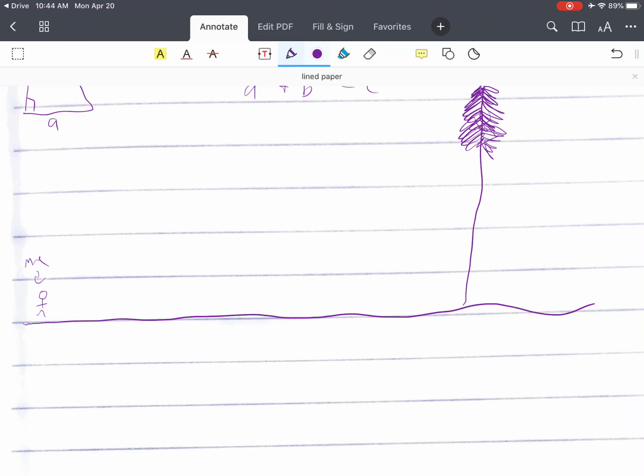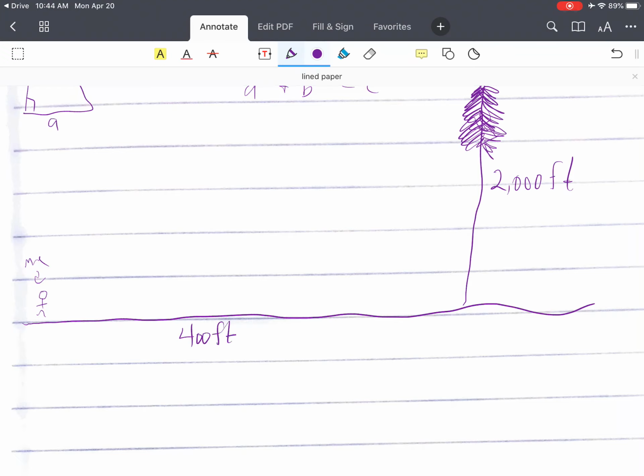I think redwoods grow to be like 2,000 feet? Let's just say it's 2,000 feet tall. I could be wrong, okay? This redwood is 2,000 feet tall. And I am 400 feet away.